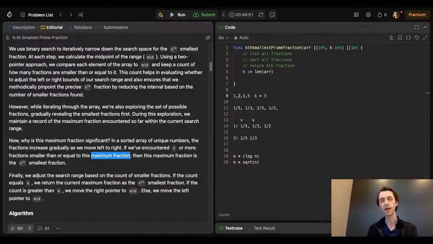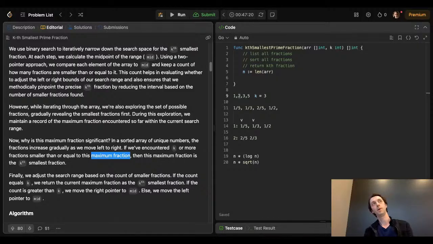And they're saying that among this bunch of fractions, if we've seen k or more that are smaller than or equal to this maximum, then this maximum is the kth smallest.